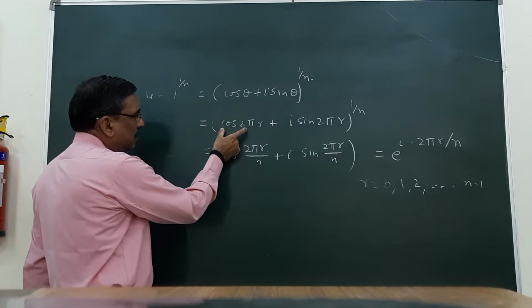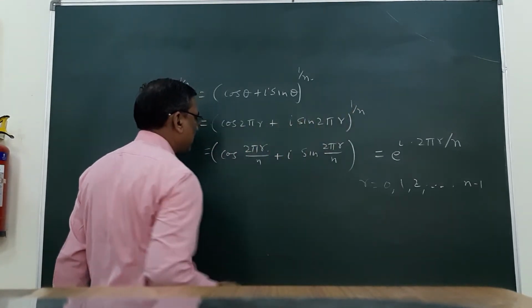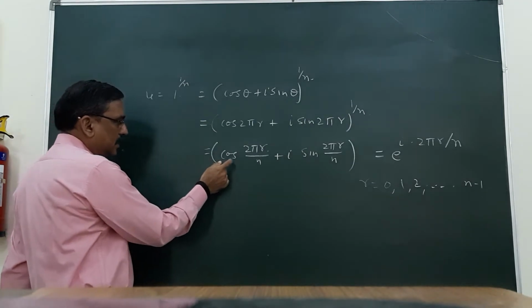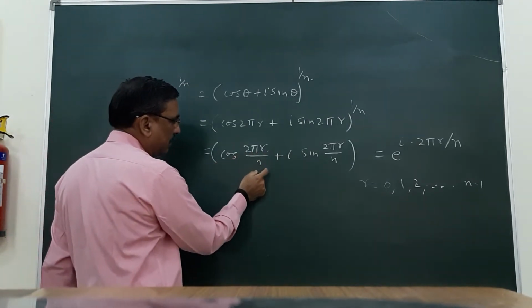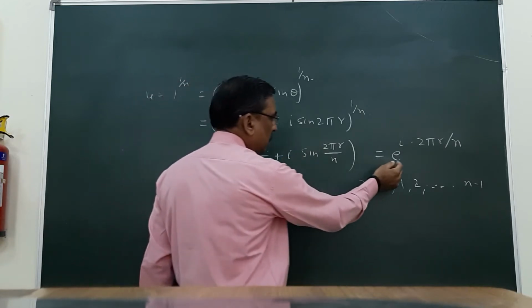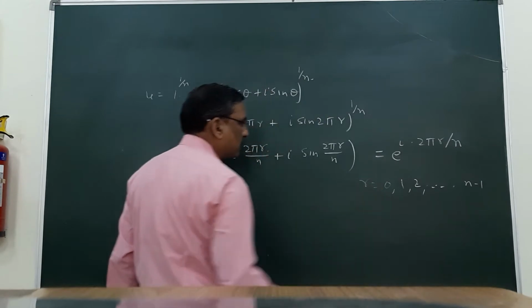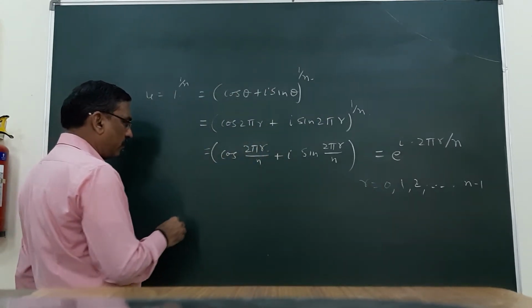This I can write as (cos 2 pi r + iota sin 2 pi r) raised to the power 1 by n. I can write this as cos 2 pi r upon n + iota sin 2 pi r upon n, which is equal to e raised to the power iota 2 pi r upon n, where r is equal to 0, 1, 2, 3, 4.